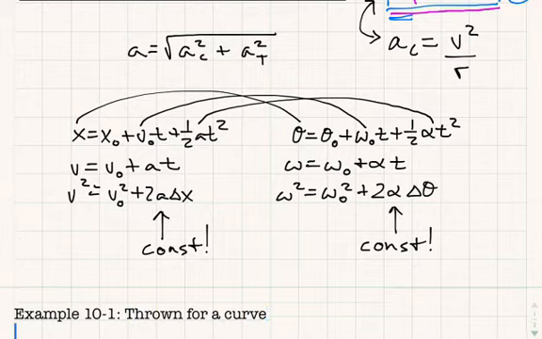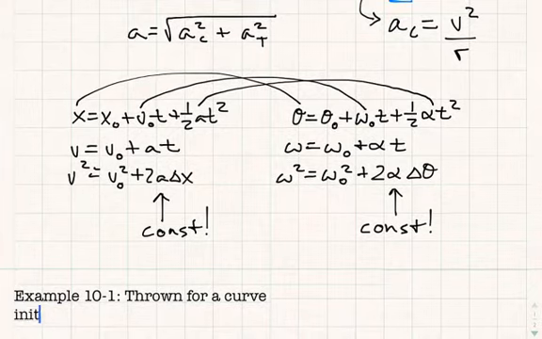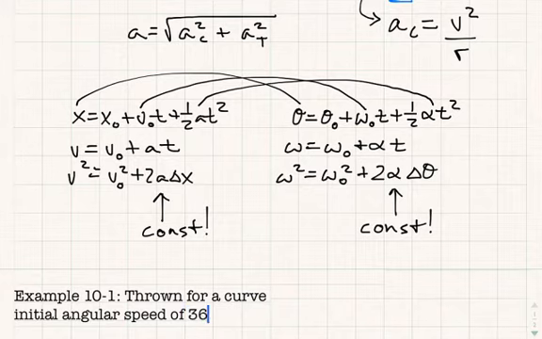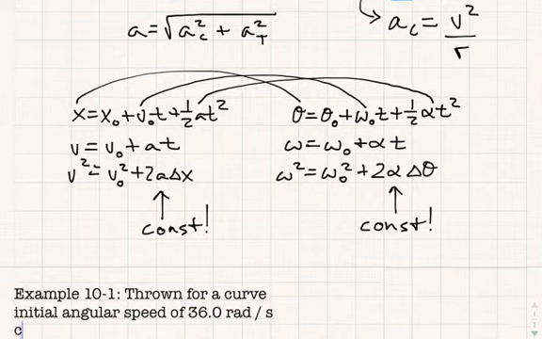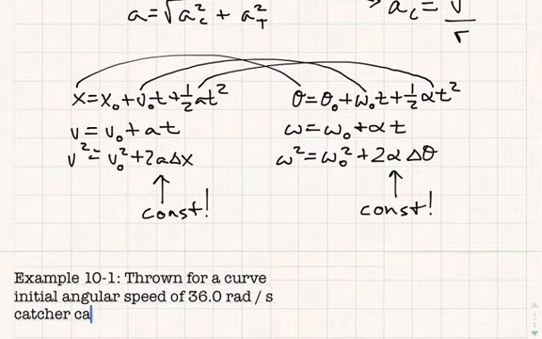It's an example about a pitcher who throws a curveball, giving the ball an initial angular speed of 36.0 radians per second. When the catcher catches the ball, it has a final angular speed.